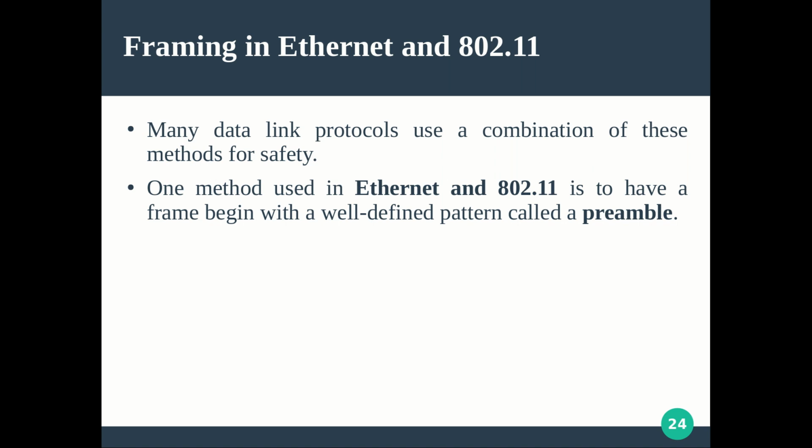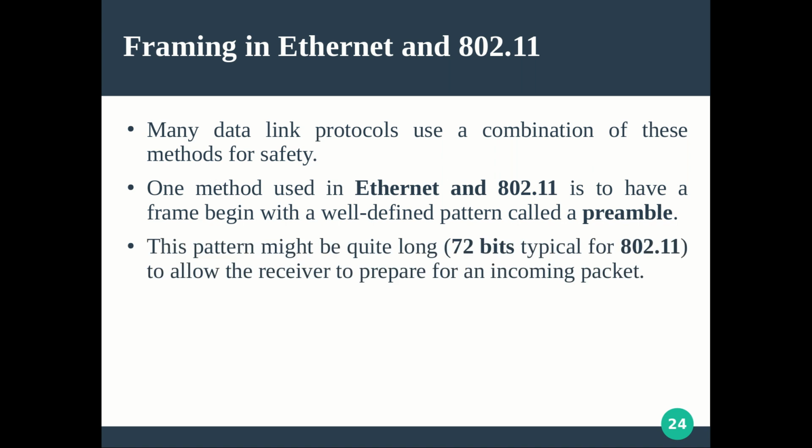they have a frame begin with a well-defined pattern called a preamble. That special pattern which acts as a frame start delimiter has a special name called a preamble, and this special pattern is quite long. What we have seen already as an example is just HDLC's 0 followed by six 1s or something like that, a smaller one-byte pattern.